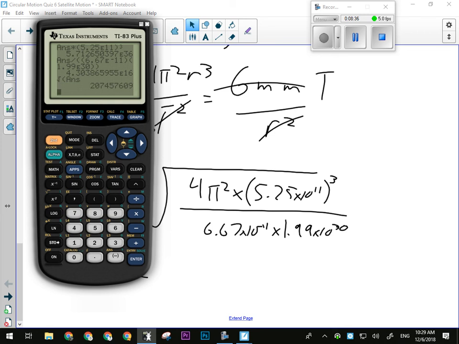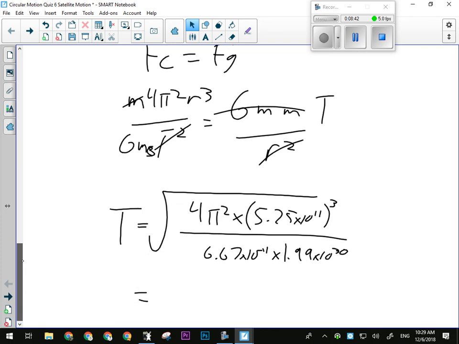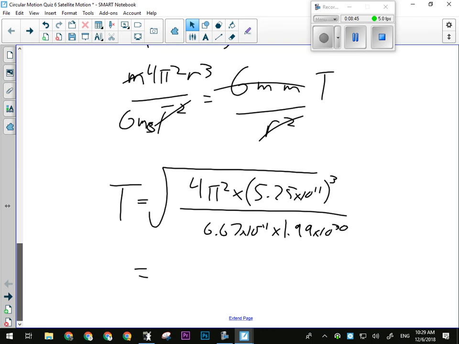We get 2.07 times 10 to the whatever seconds, which is the equivalent of 6.5 years.